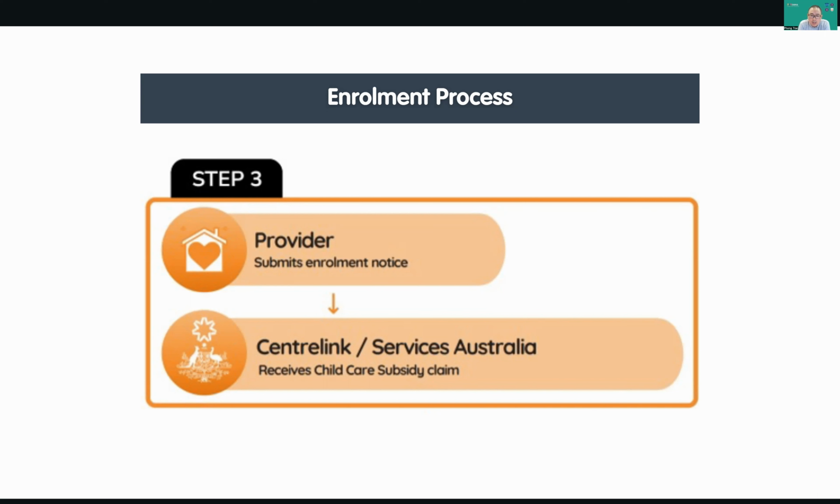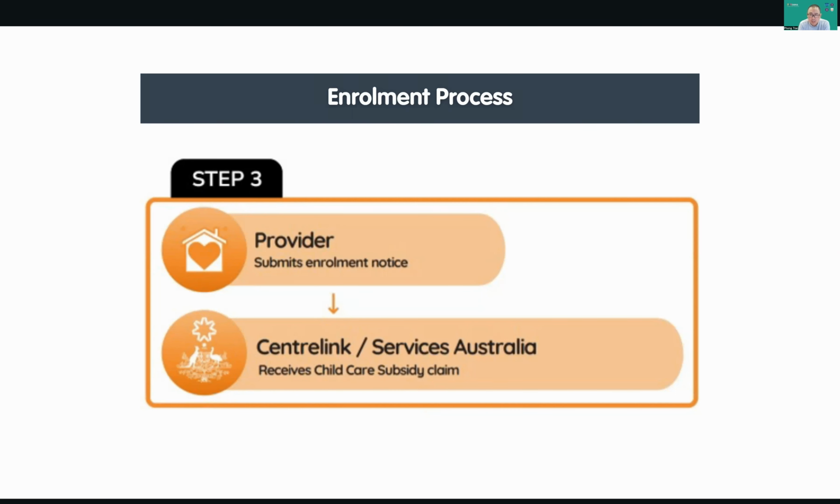You as a provider must submit an enrollment notice for each child at each service, and in the name of the individual who is eligible for CCS. That is the person who's made the claim in order for these payments to be made. Typically, we know them as the primary carer.